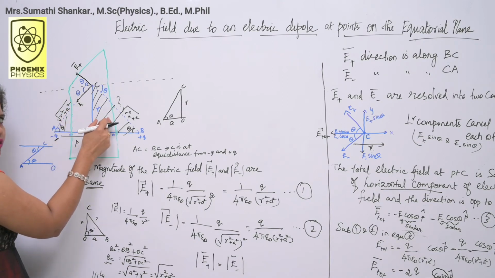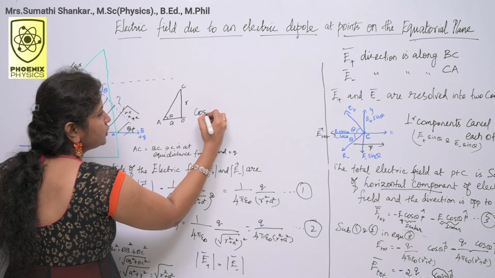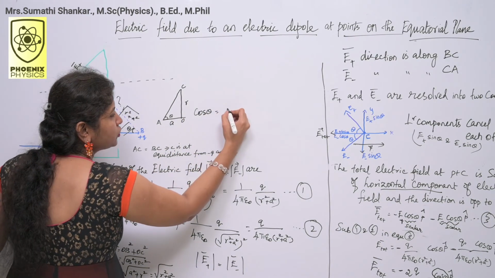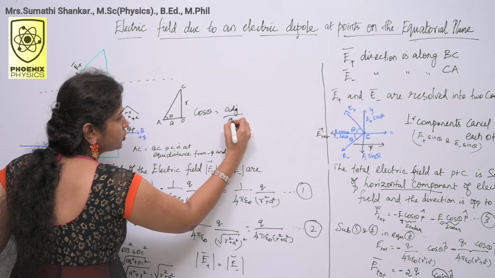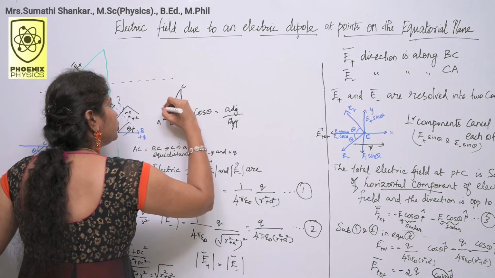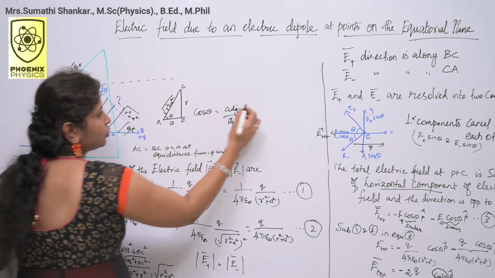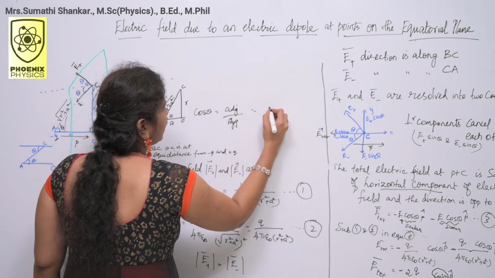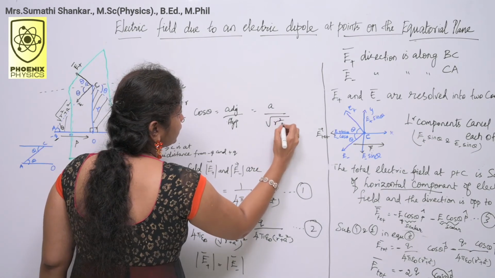You can take this triangle also. From this triangle, how do you find cos theta? Cos theta means adjacent side by hypotenuse. Here the hypotenuse is square root of R square plus A square. So the cos theta value is A by root of R square plus A square.